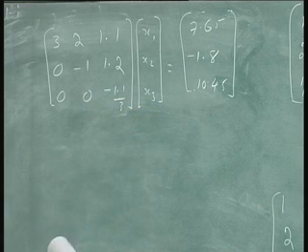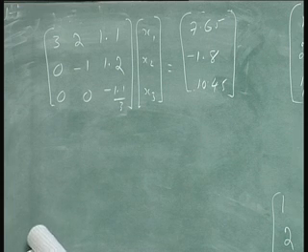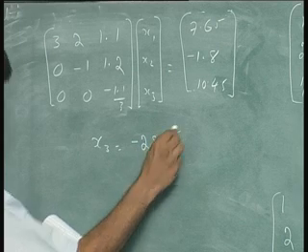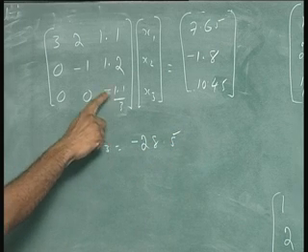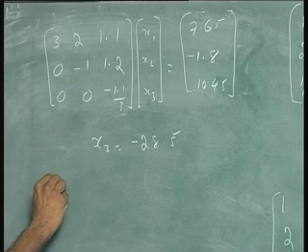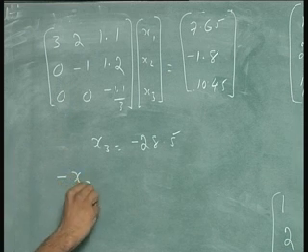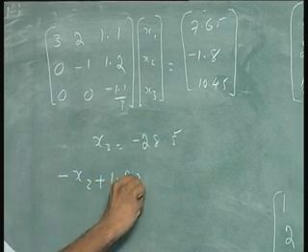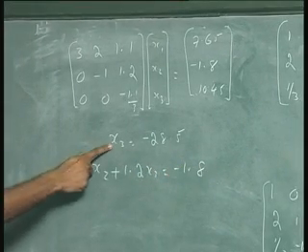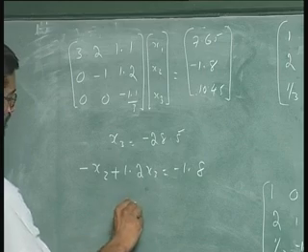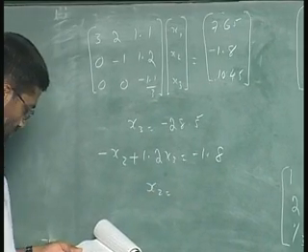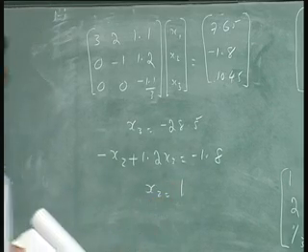So we can solve that, and then you would get x3 as minus 28.5. Then I have this equation that minus x2 plus 1.2 x3 is equal to minus 1.8. I know x3 here, I can substitute that here, and then that would give me x2 as 1.8.